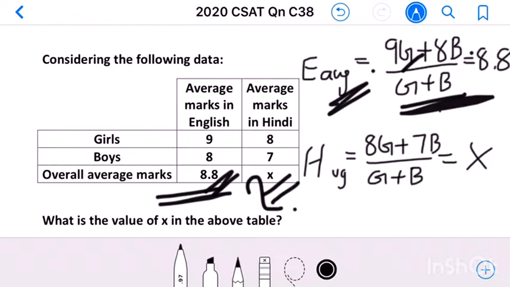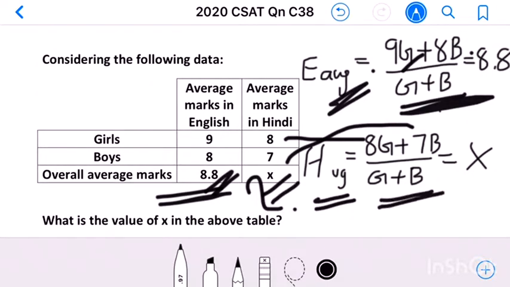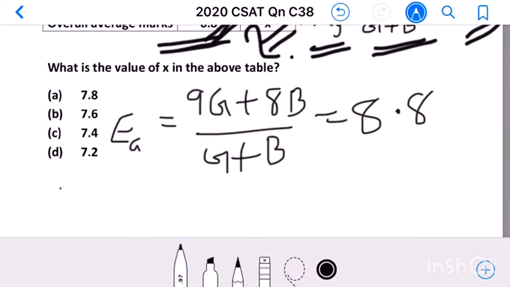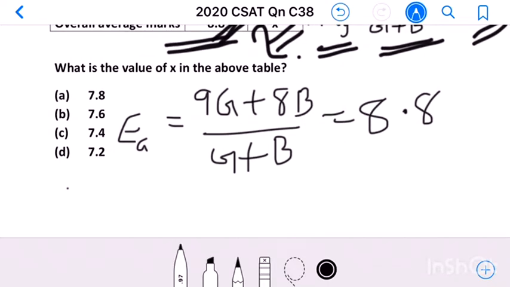Similarly, overall average mark in Hindi equal to 8G plus 7B divided by total number of students in that class. This is equal to X. We have to find this X. Then this is the overall average marks in English.